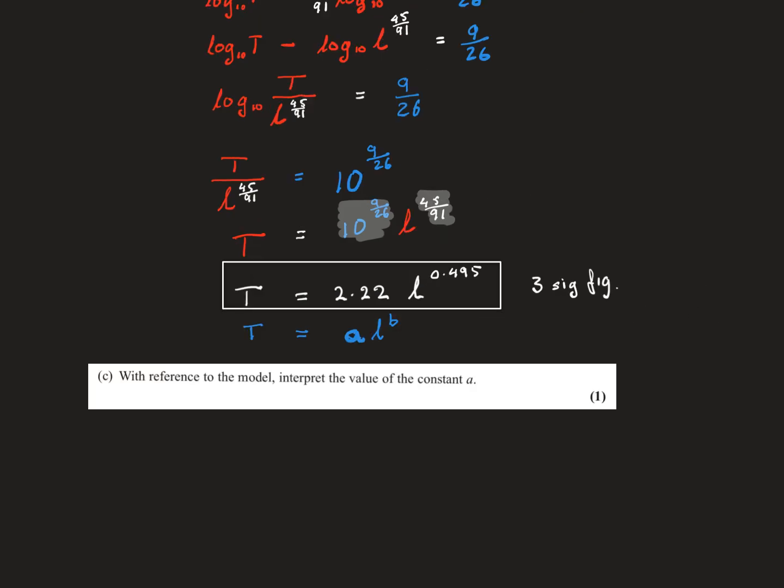In our last question, we want to know, with reference to the model, to interpret the value of the constant a. The constant a is 2.22. That constant 2.22 is only 2.22 when L is equal to 1.